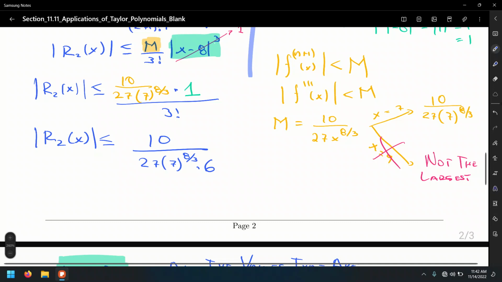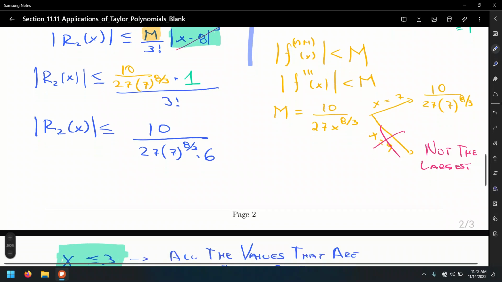Especially when you're working in chemistry or physics, with significant figures and all that, keep the exact values and just round at the end. So after simplifying this, it's going to give us 0.0034.